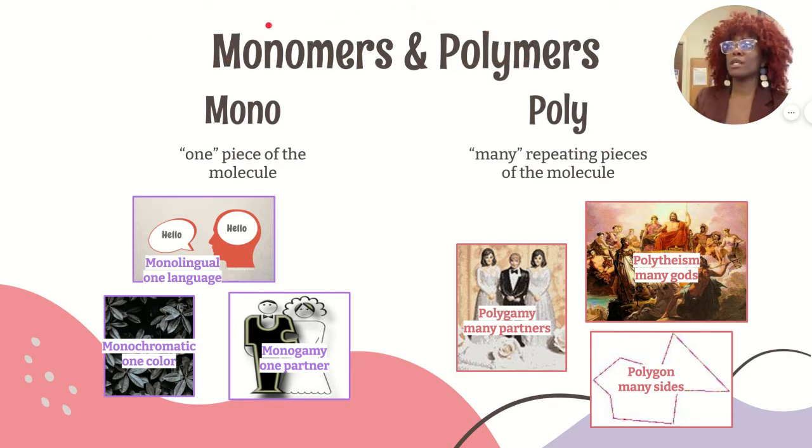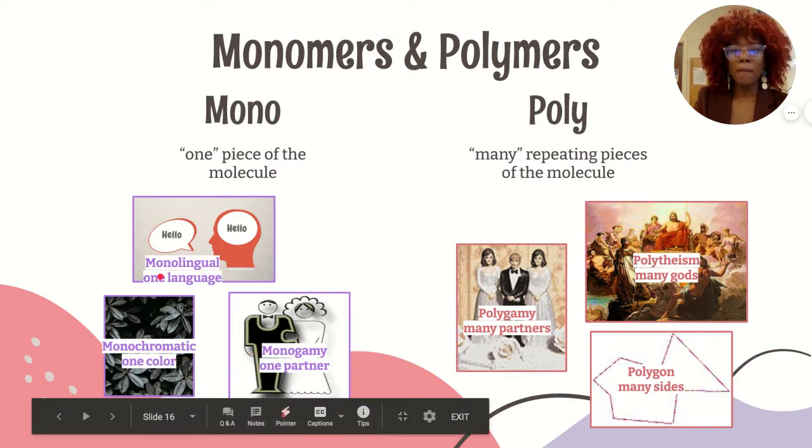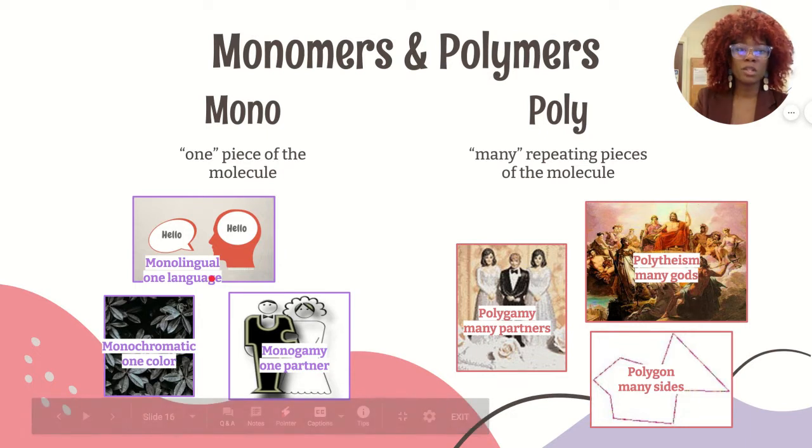As with all words in biology, we're going to break down the word and then we'll easily find out what it means. So mono, M-O-N-O, that means one piece of the molecule. So a monomer is a small piece of the molecule. The easy way to remember that is that you already know what mono means, right? If you've ever heard about monolingual as opposed to being bilingual.